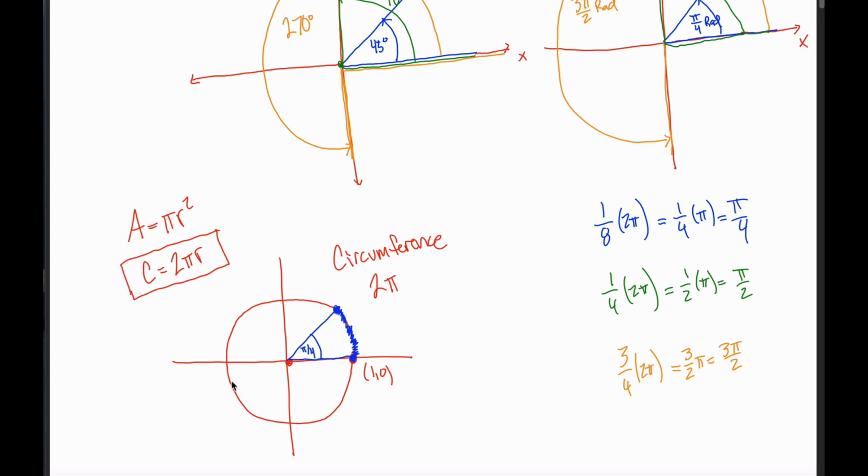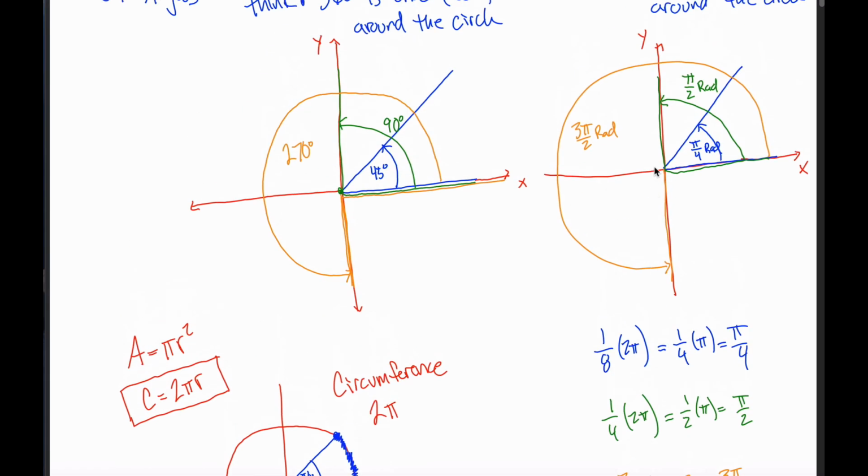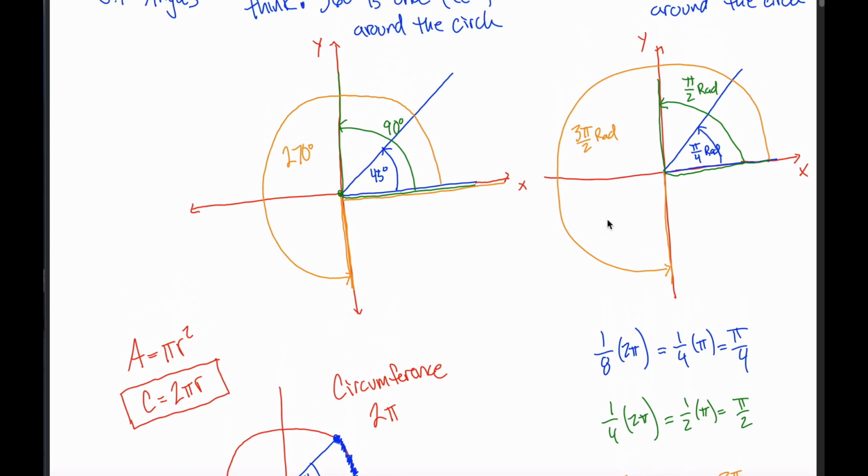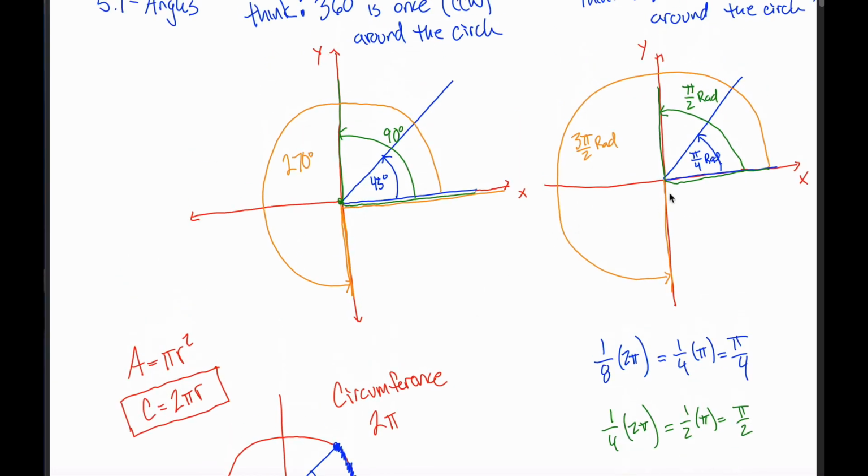If I walked all the way around this circle, I would walk 2 pi units. So really, you could think about radians as just the distance around the outside of a unit circle. And while that's 100% true, I don't usually add that until the end of this video because I think it just confuses things.